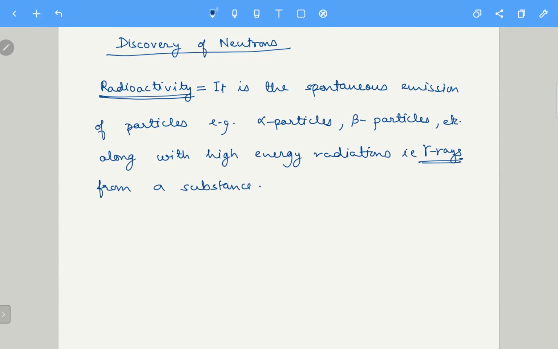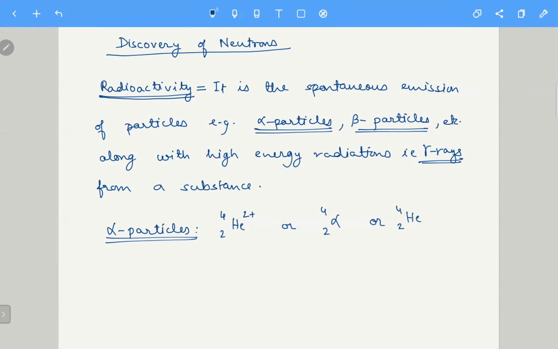Let us discuss in brief what are alpha particles, what are beta particles, and what are gamma rays. Alpha particles are nothing but the doubly charged helium atom or the nucleus of helium atom, simply represented as alpha 4 2 or He 4 2. Beta particles are nothing but electrons.